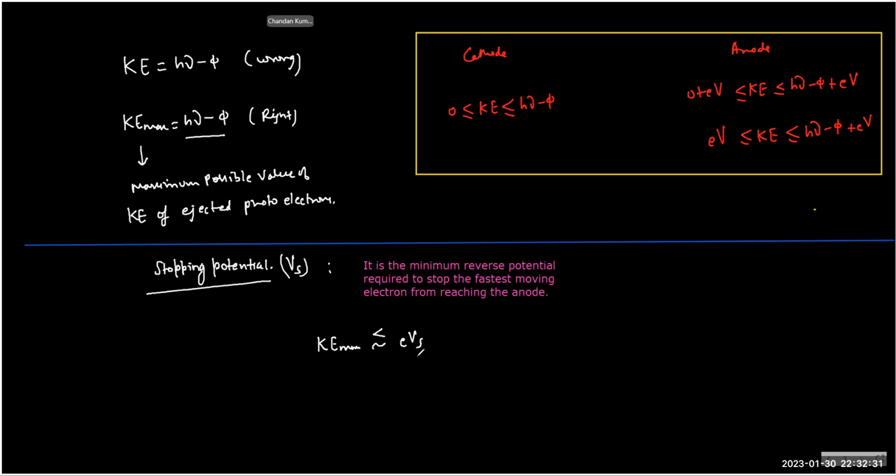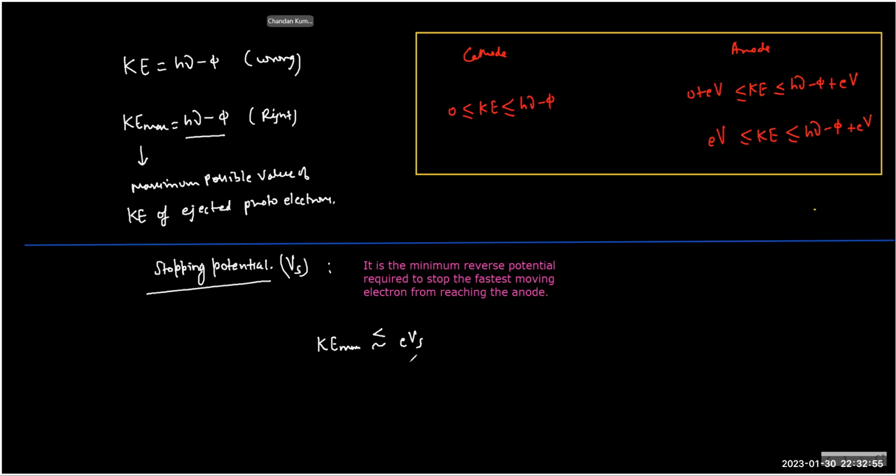Yes, sir. Because if it is exactly equal to eVs, it means it will reach the anode and stick to it. But we have to prevent it, which means a few nanometers away from the anode, it should stop. Which means the KE max should be on the lesser side, right?